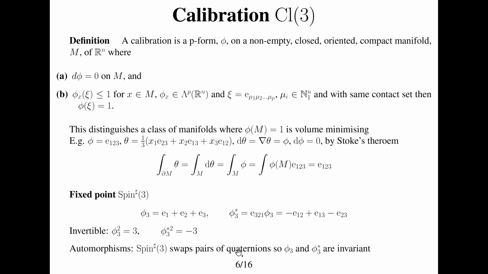And the spin group, they're always quaternions, so the quaternions are calibrations. And multiplying the calibration by the quaternions keeps them invariant, whether you're dealing with the calibration itself or the dual of the calibration. The interesting property in Clifford algebra is that these calibrations, whether it's the dual or this, are invertible.